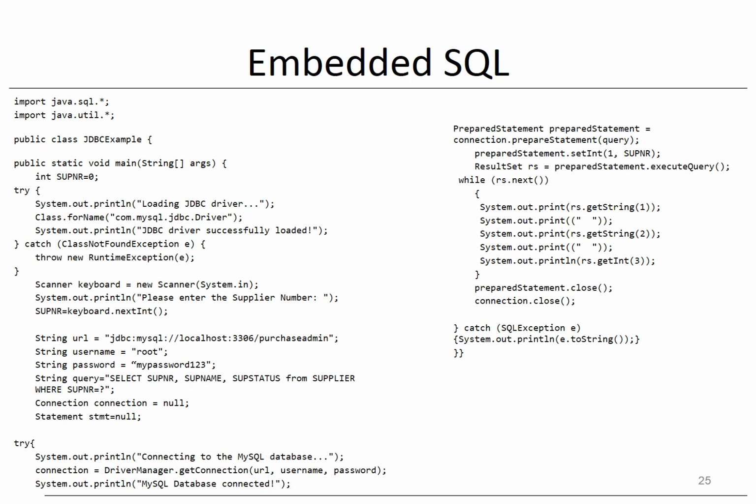The statement preparedStatement = connection.prepareStatement(query) creates a prepared statement object based upon the query string variable. It needs to be further prepared by specifying a value for the input host variable.